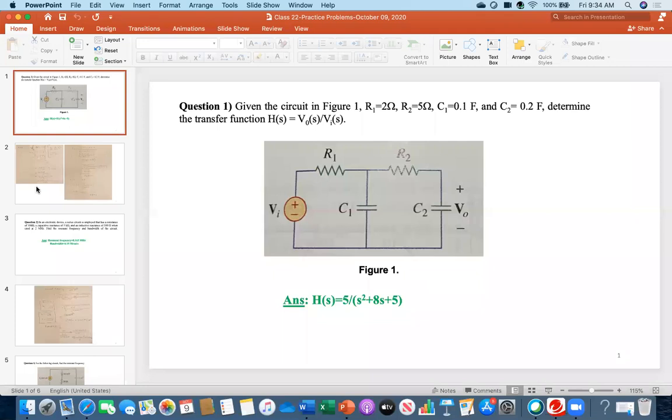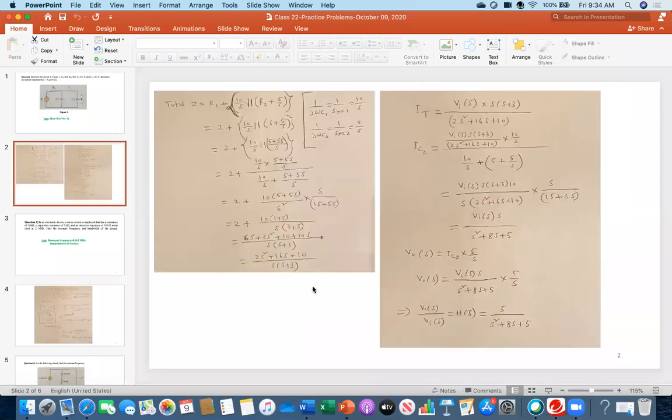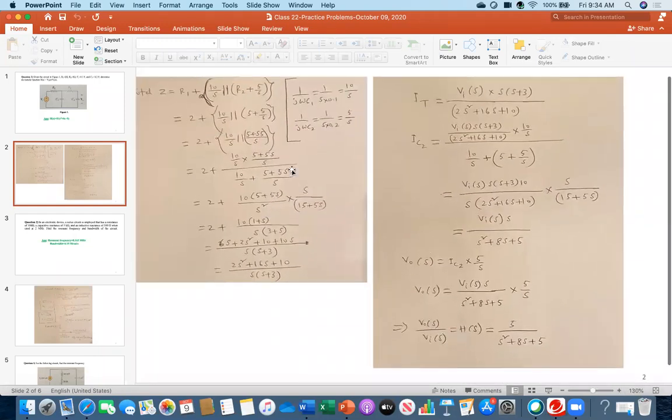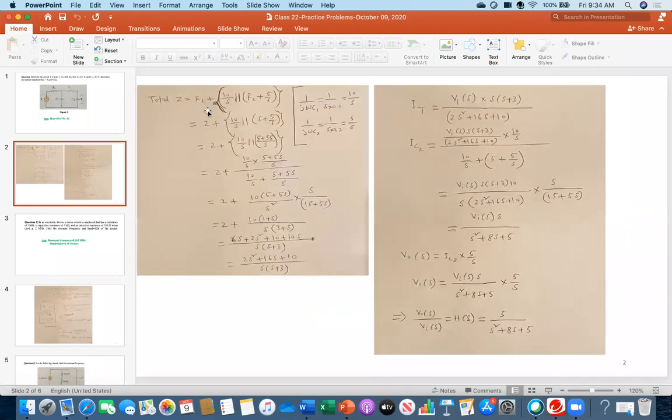So everybody, those who are still trying, see my calculation. Look at the left side. This is the total impedance. You see what I did? First, I converted C1 and C2 into s form, 1 over j omega C1 and 1 over j omega C2. So the first one became 10 over s after putting its value 0.1 farad, and 0.2 gives 5 over s.